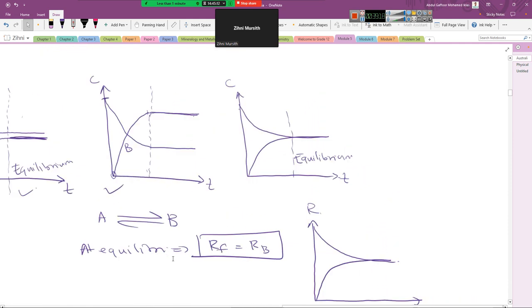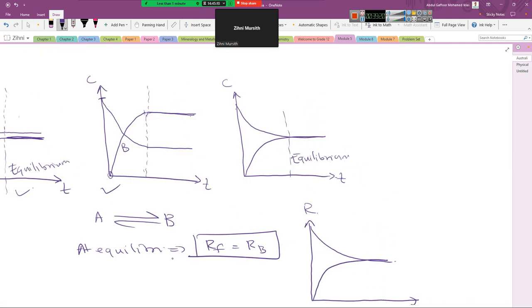So here you can see this point. After this region, what will happen? Equilibrium, right? So after this we have equilibrium.